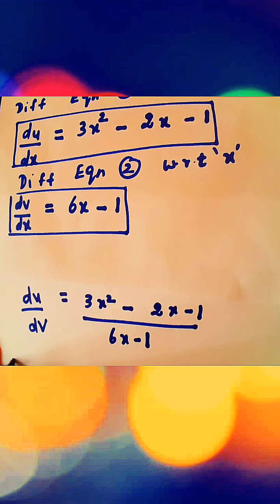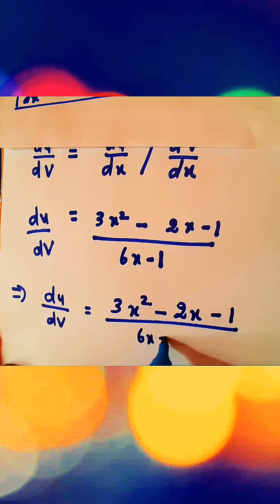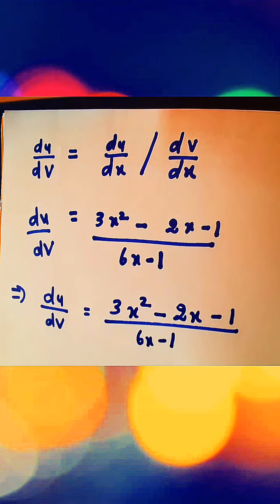So finally the answer is du by dv is equal to 3x square minus 2x minus 1, the whole term divided by 6x minus 1. That's it. Is it very simple, students?